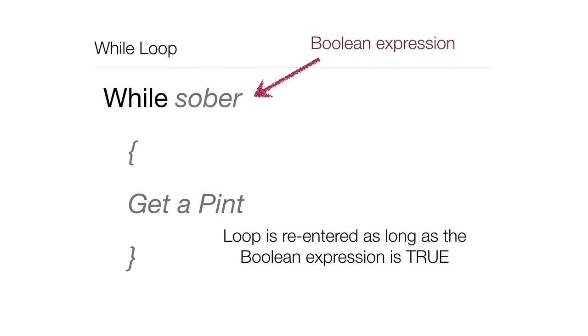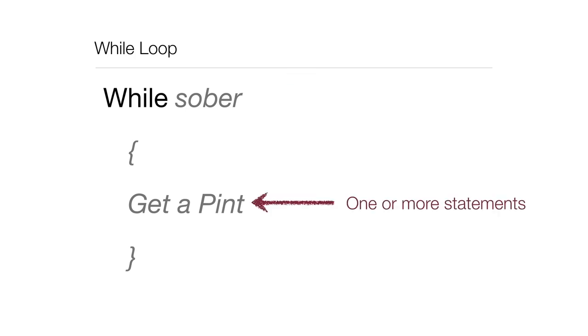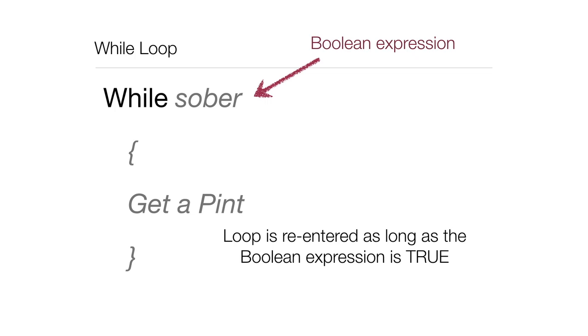A while loop will have a Boolean expression or Boolean condition, and as long as that is true, the loop will keep going around and around and around. So there's the Boolean expression part of the loop, and then there's a bunch of statements that will get executed as long as that condition is true.